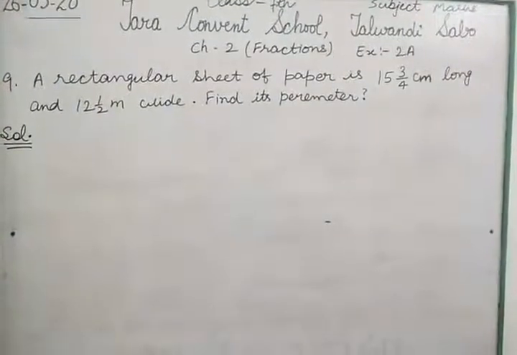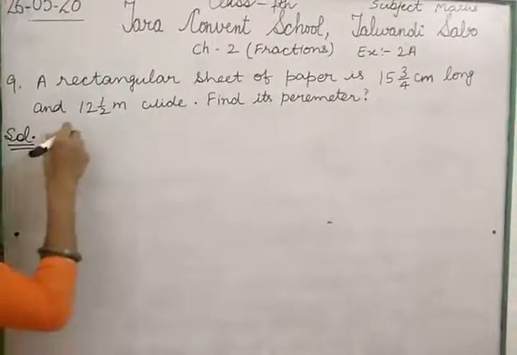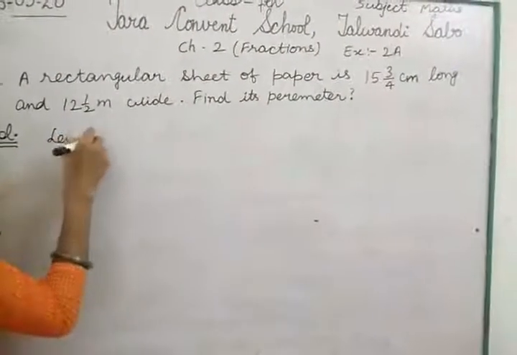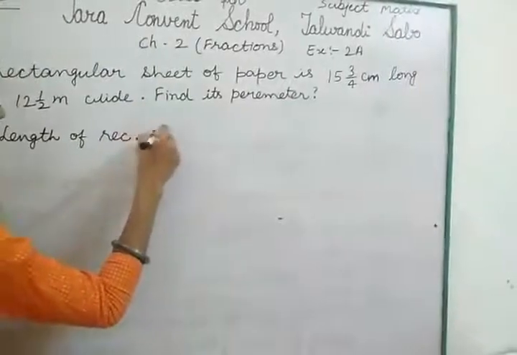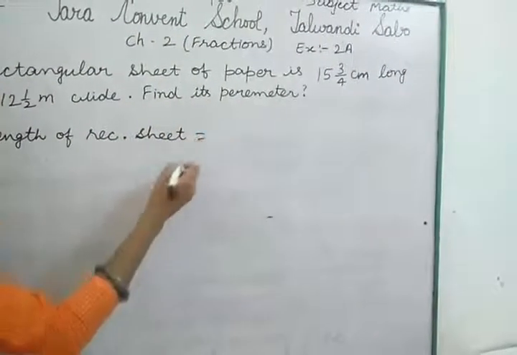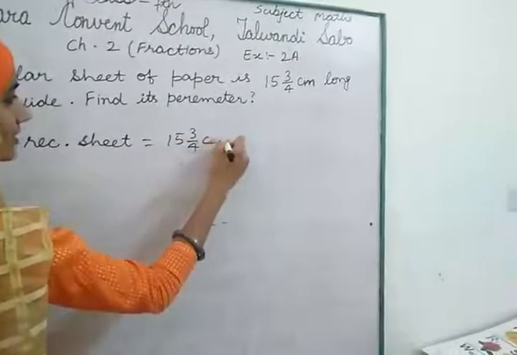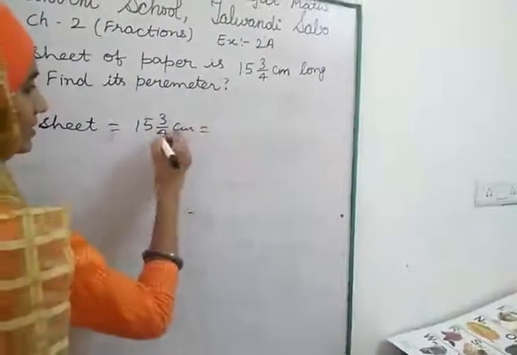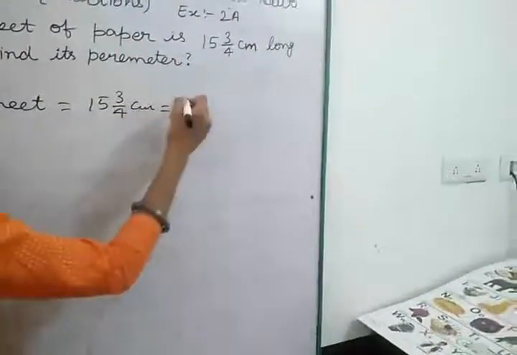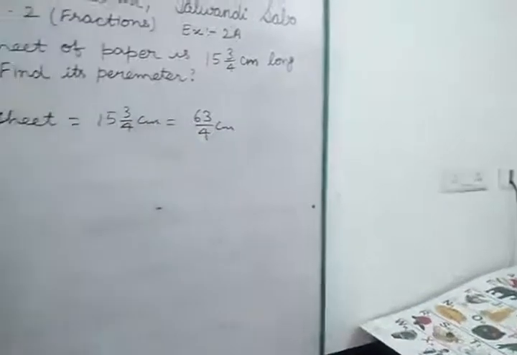A rectangular sheet of paper is 15 3/4 centimeter long. So length of rectangular sheet is equal to 15 and 3/4 centimeter. It's in mixed fraction, so we have to convert it into simple fraction. So 15 times 4 is 60, 60 plus 3, 63/4 centimeter.